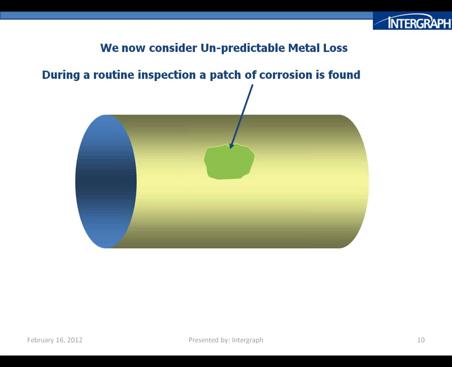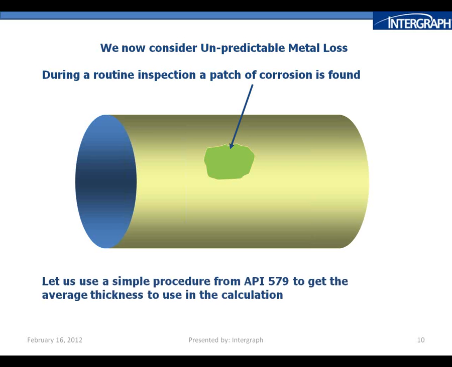And this little patch, it's not pitting, but it's generalized corrosion over that area. It might be because a nozzle on the other side is passing products into the vessel and is wearing away the vessel on the opposite wall. It could be any reason whatsoever. So we need a procedure to determine whether this vessel can continue to be used in service.